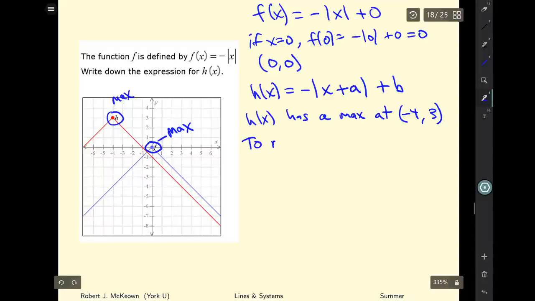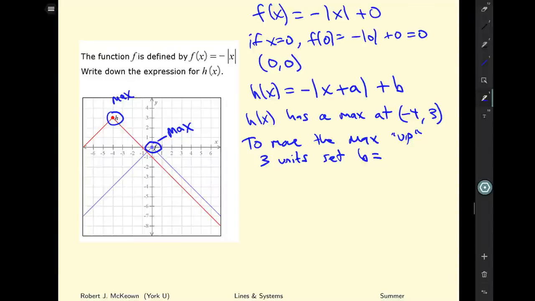To move the max up 3 units, set b equal to its original value 0 plus 3.